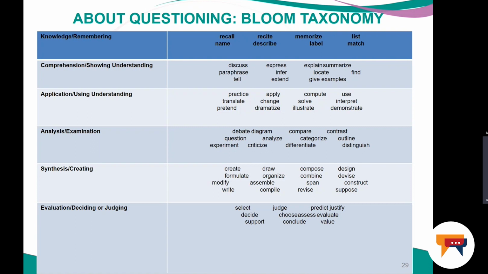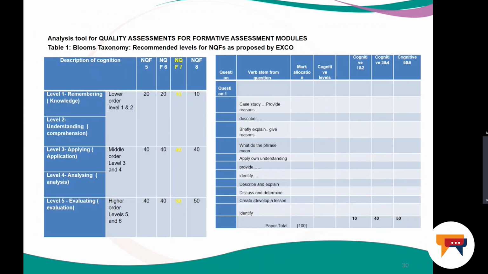Questions will say discuss. Application questions will say interpret, apply, what do you think? Analysis is a debate, compare and contrast. Synthesis will say create, and evaluation: you select, you judge, you decide, you predict, you justify. Have an understanding of this because your question paper is based on that.